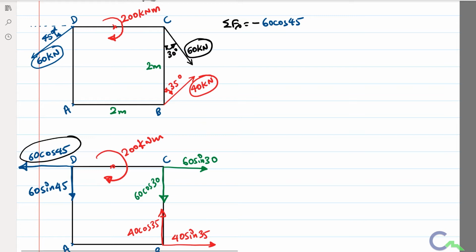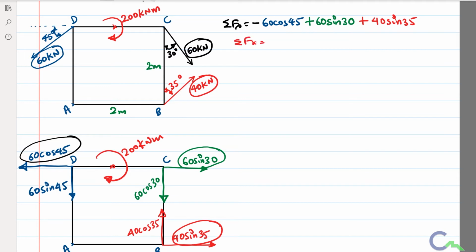The second force is 60 sin 30, acting in positive direction. Then finally we have 40 sin 35, also acting in positive direction. If I do the calculation, I will get sigma Fx is equal to 10.51 kilonewton.